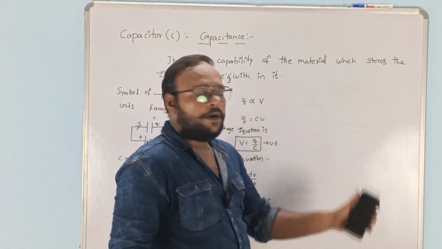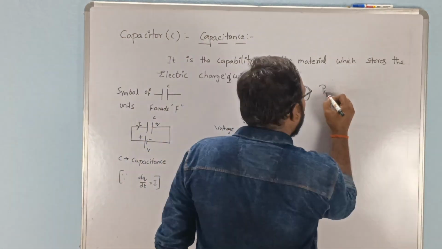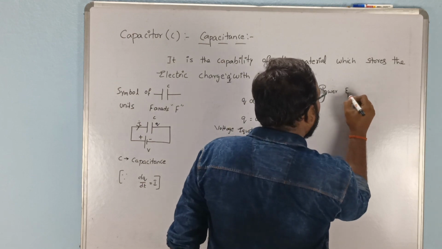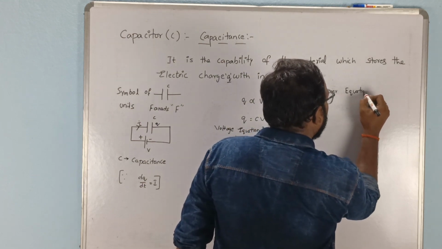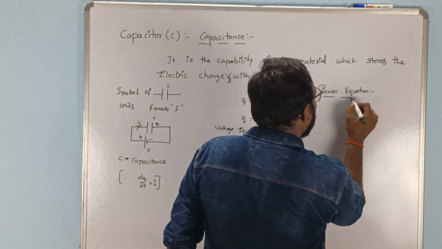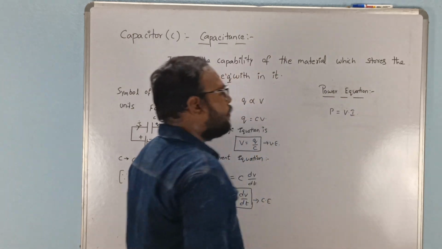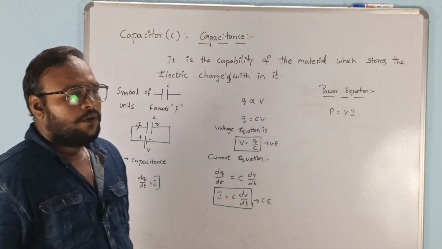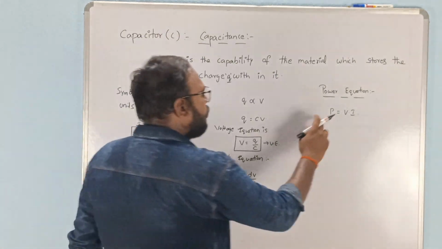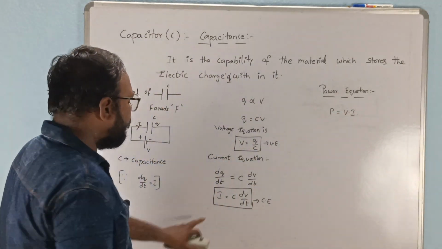Now coming to the power equation. P is equal to V into I. We all know this. What is the equation for I?